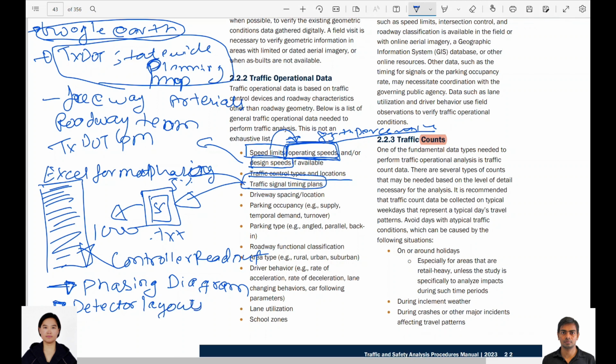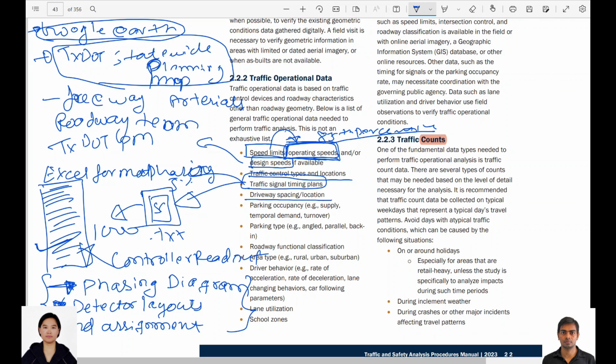So again, we have to make some assumptions based on our knowledge and experience. So, detector layout and assignments. These two are needed for traffic operations. So we get almost all the information from the controller readout except these two, which are needed for almost all the projects we work on.